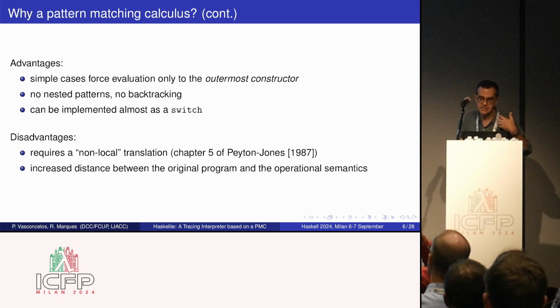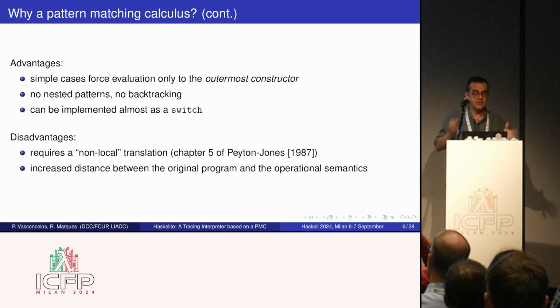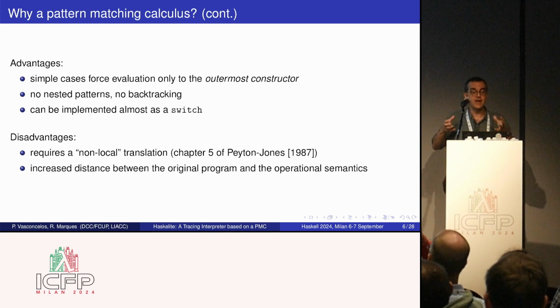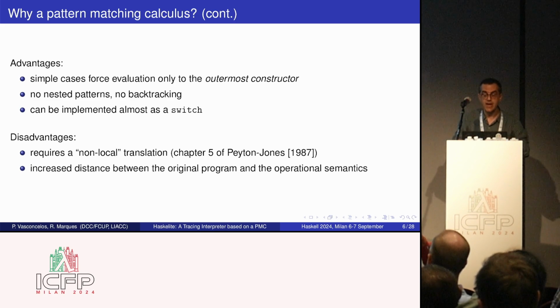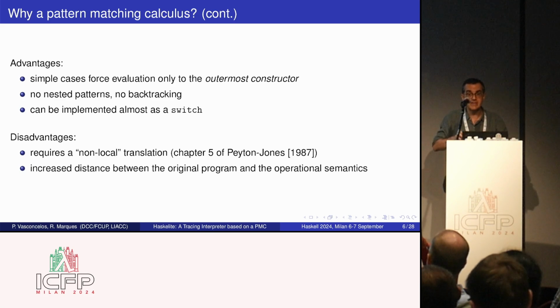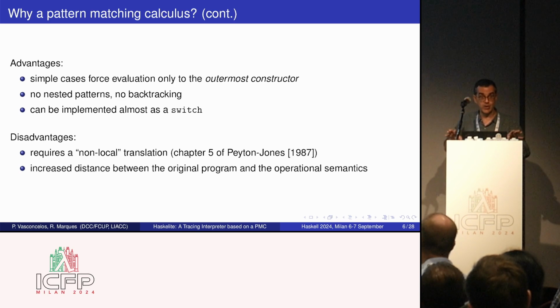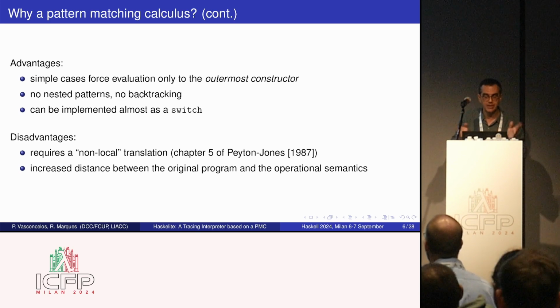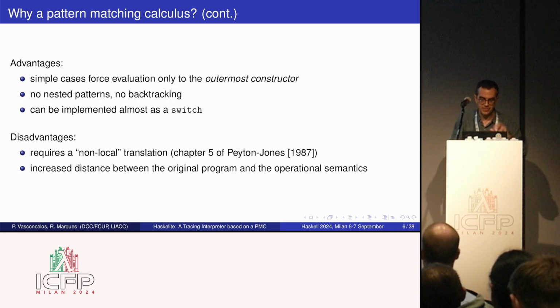A simple case forces evaluation just to the outermost constructor. You don't need backtracking. You don't need any way of handling failure except as a sort of panic. And in practice it can be implemented very efficiently because it's almost like a machine-level switch. There's variable binding as well, but that's not particularly difficult.